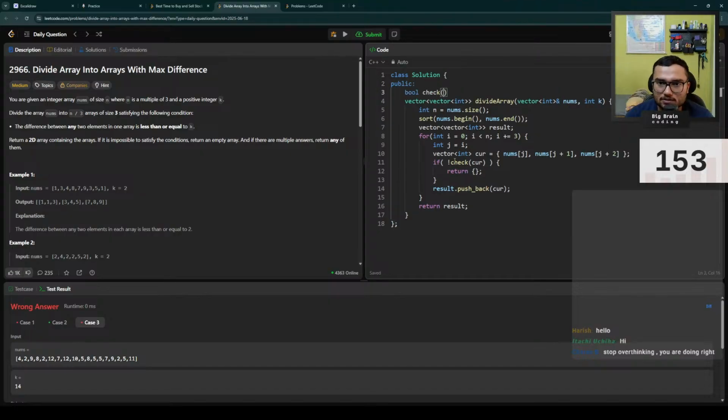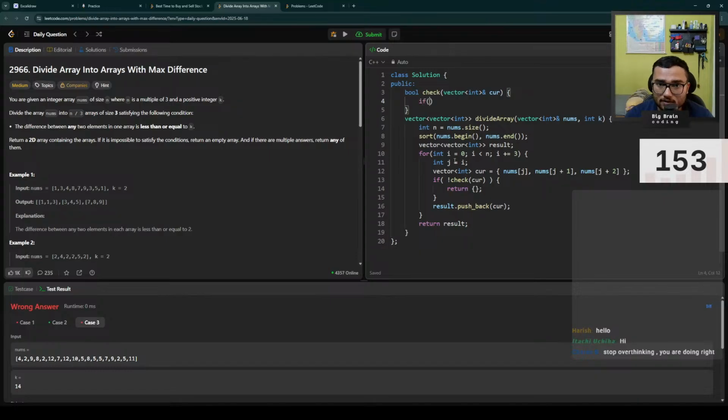Bool check vector int current. We can pass it by reference. If absolute difference, right? Also, since these are sorted, current of 2 will always be the largest. We also need k here. Int k. So check this with k.